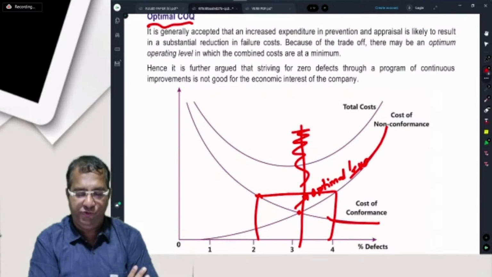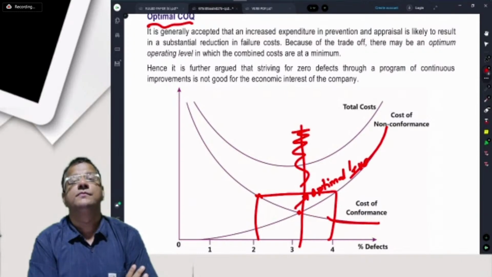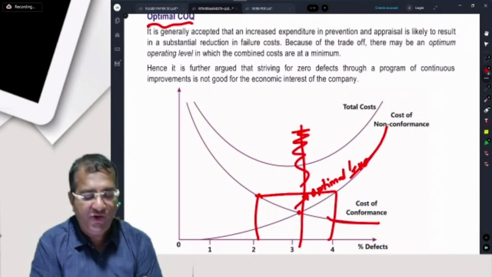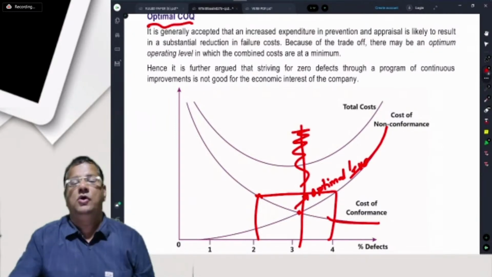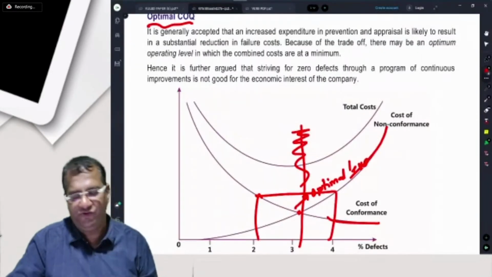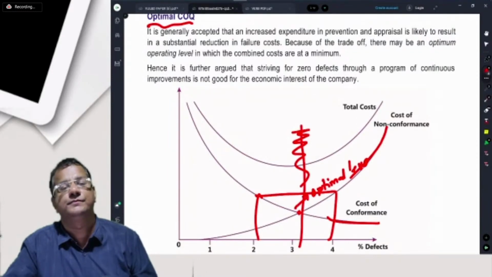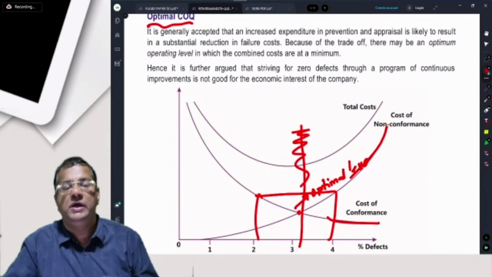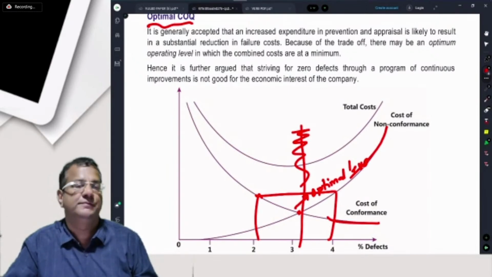Optimal COQ is where the combined conformance and non-conformance cost is at minimum level.